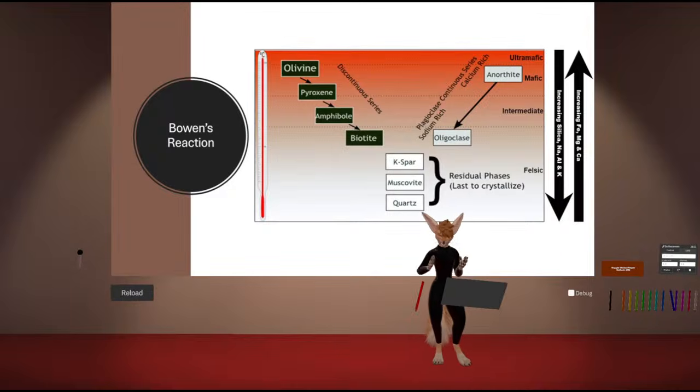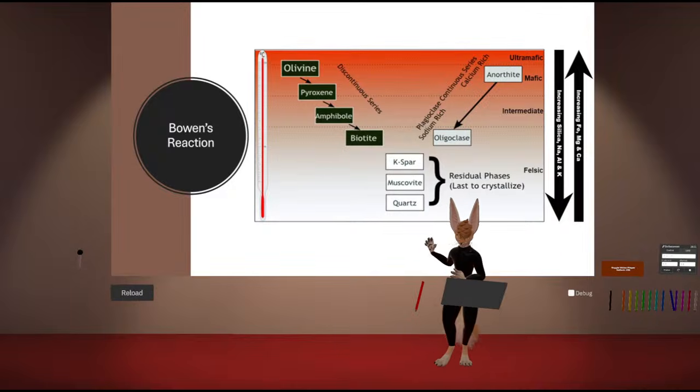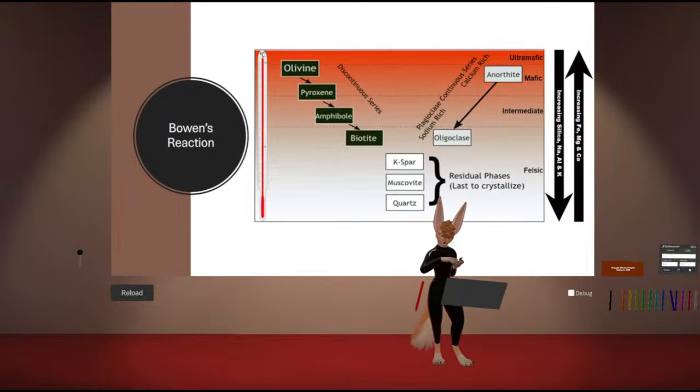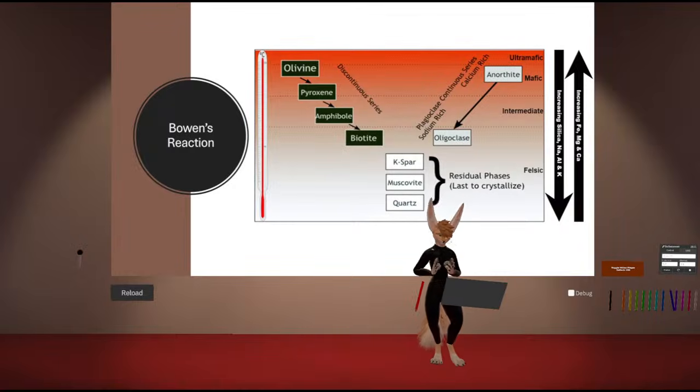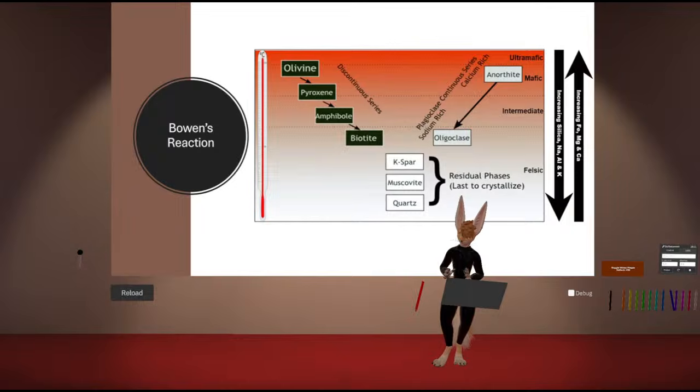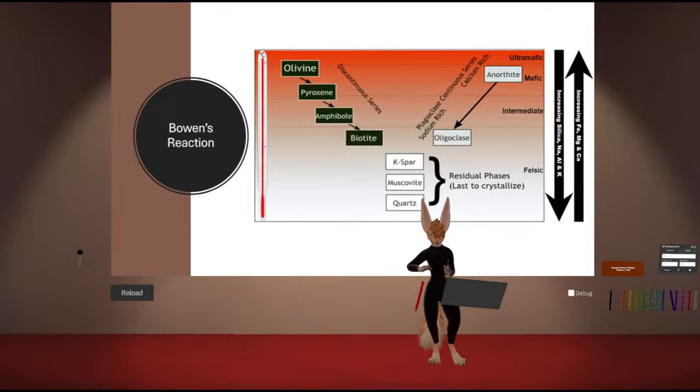It's sucking that up from this cooling effect. And if they settle out of the melt, they deplete the melt for iron and magnesium and enrich it for silica. As the iron magnesium is depleted, only minerals high in silica, like your K-spar, muscovite, and quartz, can form. Felsic rocks, such as granite, can form this way. The dark minerals that settle out form the mafic rocks.